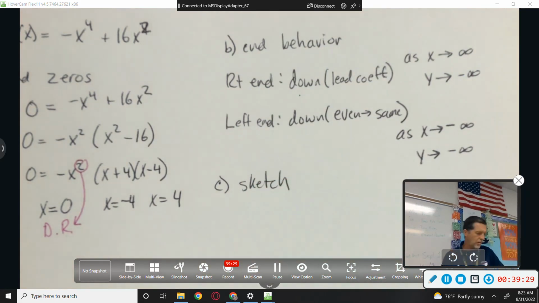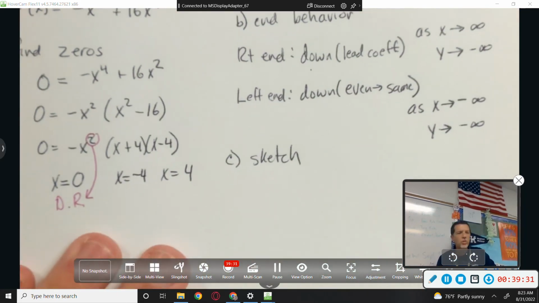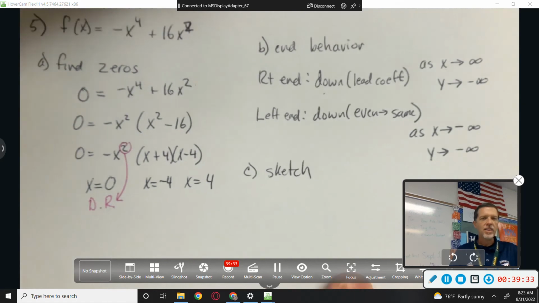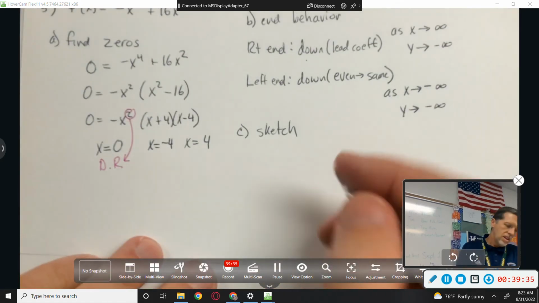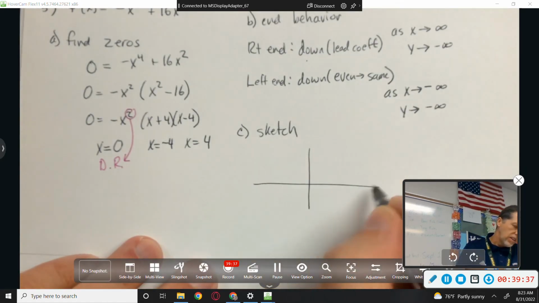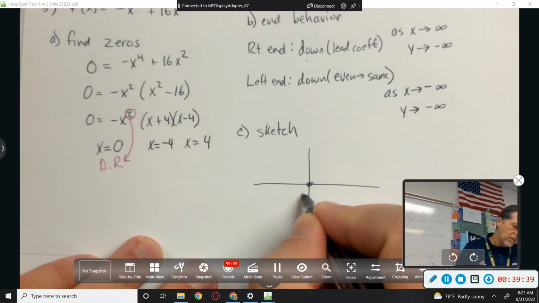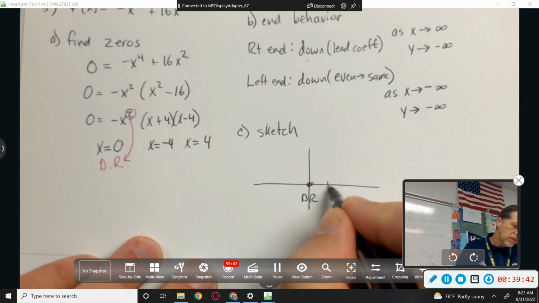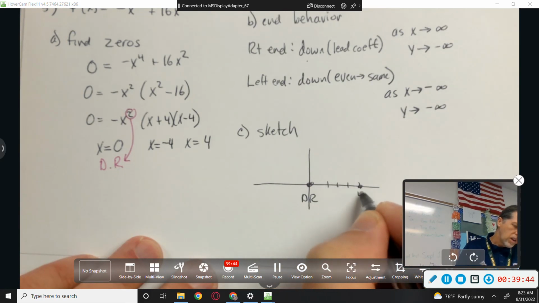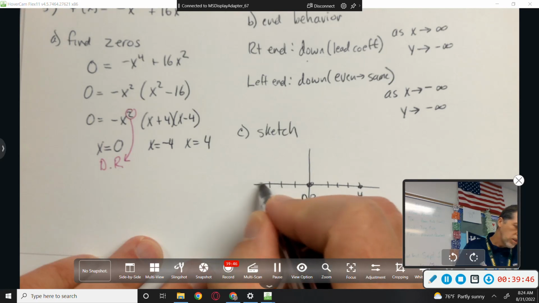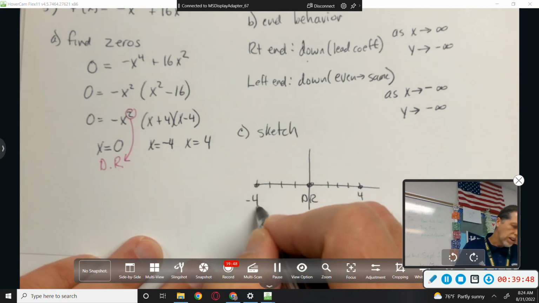And then lastly, we'll have you sketch it using all the information we've got. So let's see, I've got a 0 at 0. In fact, that's a double root. 0 at 4, and at negative 4.